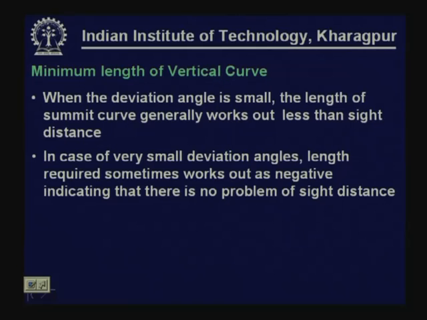There we have seen that for small deviation angle, the length of the summit curve generally works out less than the sight distance, and in case of very small deviation angles, the length required sometimes works out as negative, basically indicating that there is no problem of sight distance, and as such there is no requirement in terms of the length of the summit vertical curves to satisfy the requirement of sight distance.